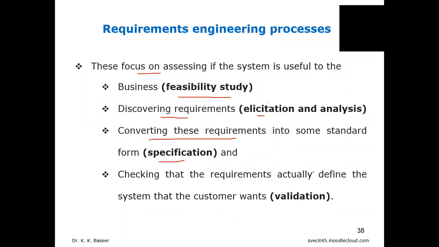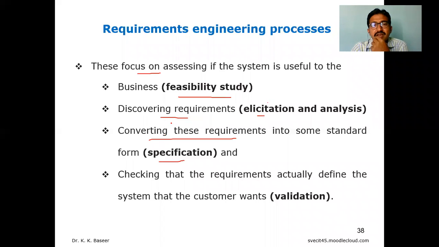Whatever you collected in the second phase, elicitation and analysis, you convert into some standard form. Standard form means, as we discussed in previous classes, how an SRD or SRS will look like, the template, how the sections will be there.